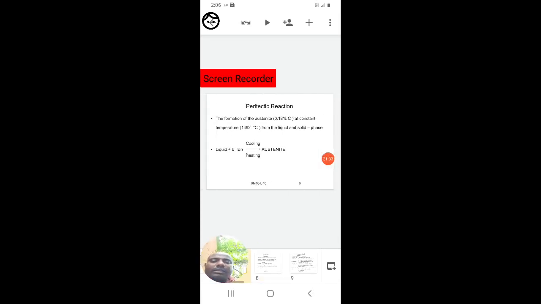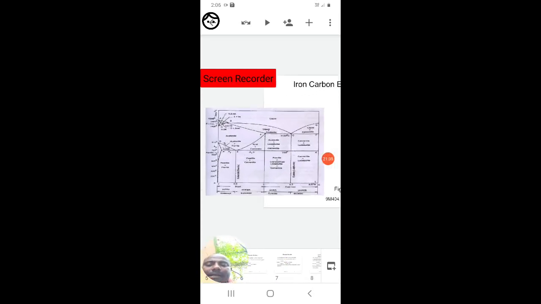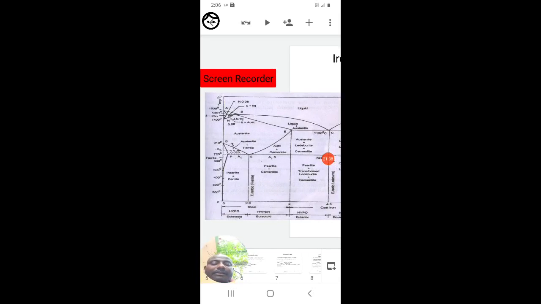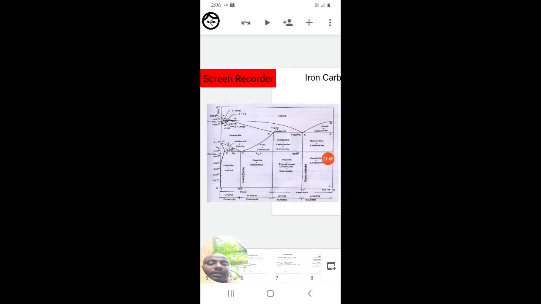pearlite. So in the iron carbon diagram, we study 0.8 percent composition because only at that composition do these phase transformations occur.